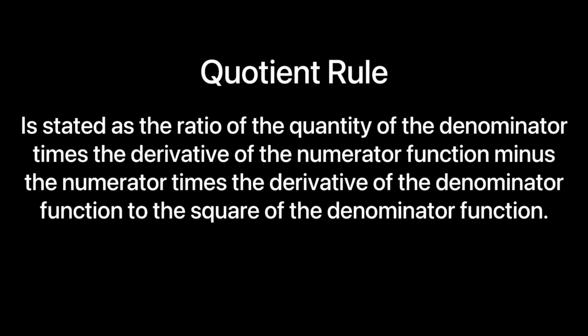Moving on, we will discuss the quotient rule. The quotient rule is stated as the quantity of the denominator times the derivative of the numerator function minus the numerator times the derivative of the denominator function, all over the square of the denominator function.